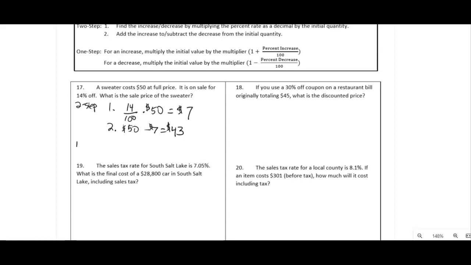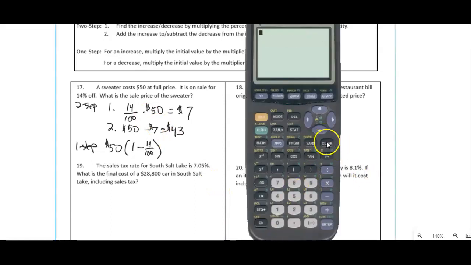The one-step approach, this is a decrease, it's a sale, and so we multiply by this type of multiplier. We would have $50 times 1 minus the 14% decrease over 100. And if we go to our calculator, 50 parenthesis 1 minus 14 divided by 100, in one step we get $43.